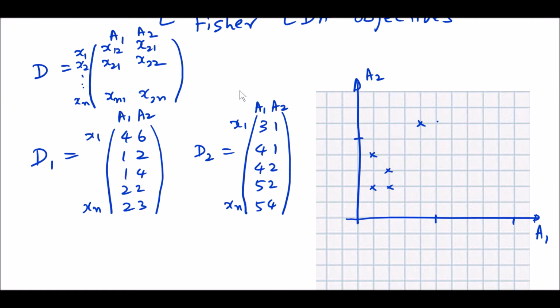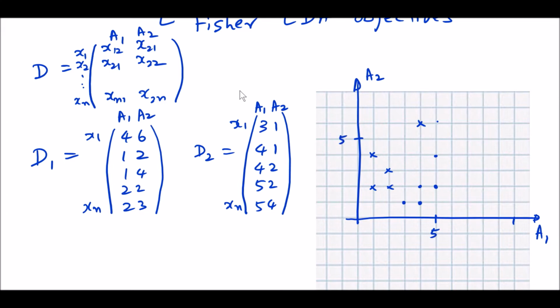For class 2, we have 3, 1, then 4, 1, 4, 2, 5, 2, 5, 4. So these are the two classes.